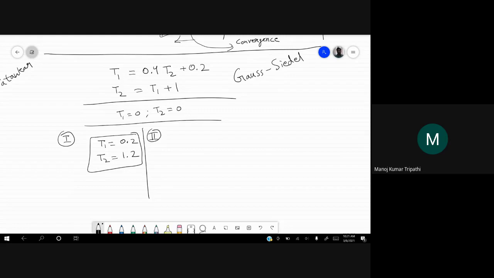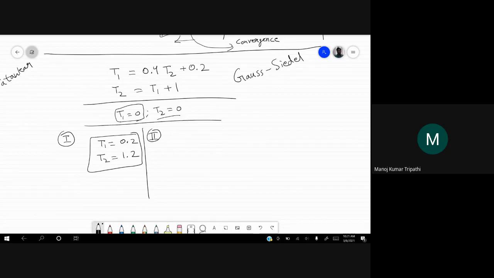So this is the first step. We take T1 equal to 0, T2 equal to 0. Actually, T1 equal to 0 was not even required. Just T2 equal to 0 was required because the first equation has T1 on the left hand side. We calculate T1 from the guessed value of T2, and T1 came out to be 0.2. Then we used that updated value of T1. We are not using the guessed value of T1 now for the second equation.